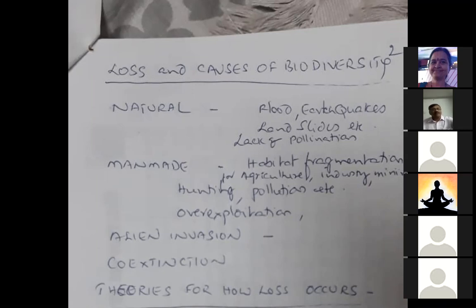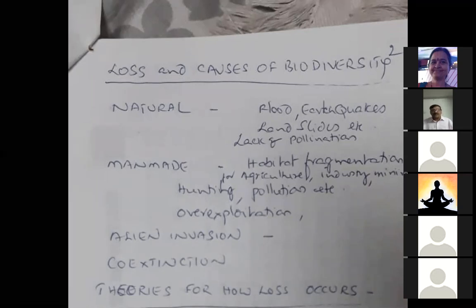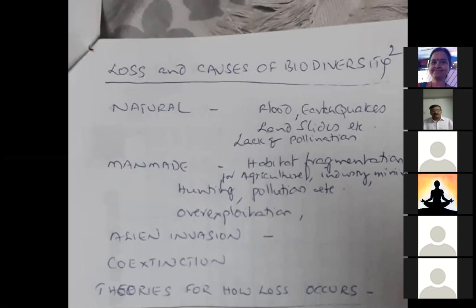But what are the man-made reasons? 90% of the loss is happening due to man-made reasons. Man is converting the biodiverse ecosystems or dense forests into agricultural lands for production of food, production of various items.